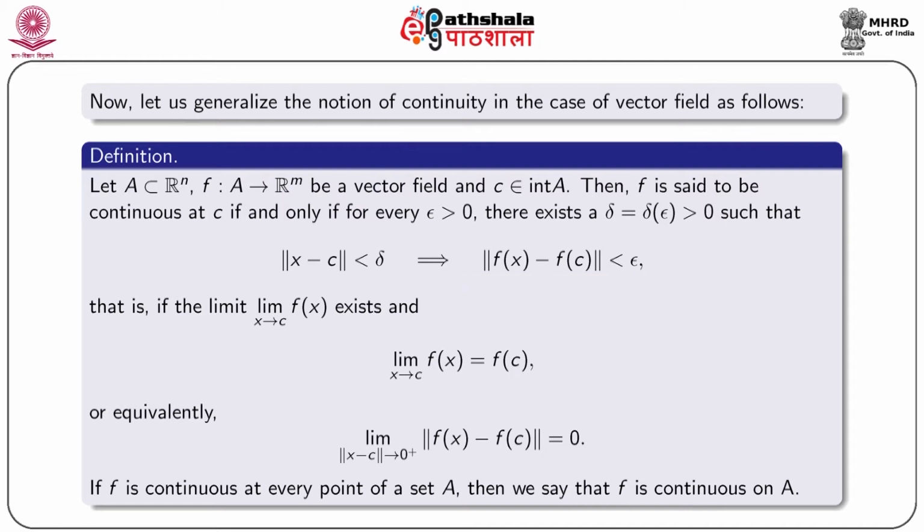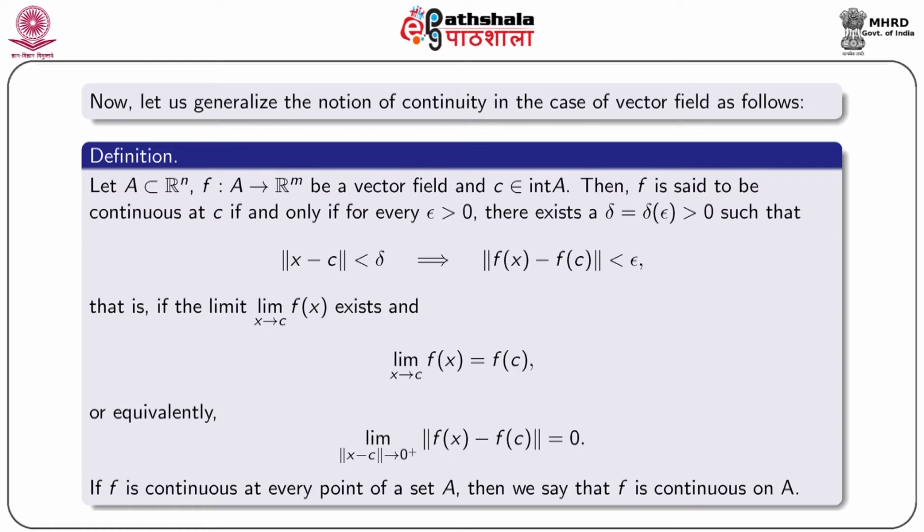That is, if the limit of f(x) as x tends to c exists and equals f(c). Equivalently, we can say if and only if the limit of norm of f(x) minus f(c) equals 0 as norm of x minus c tends to 0 from the right.